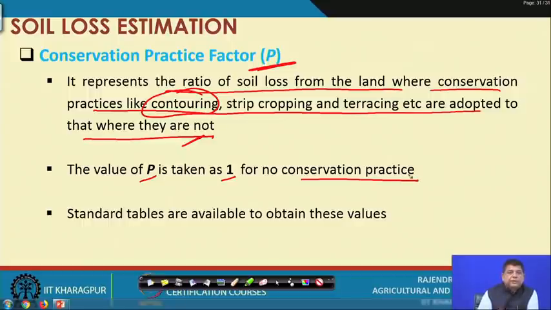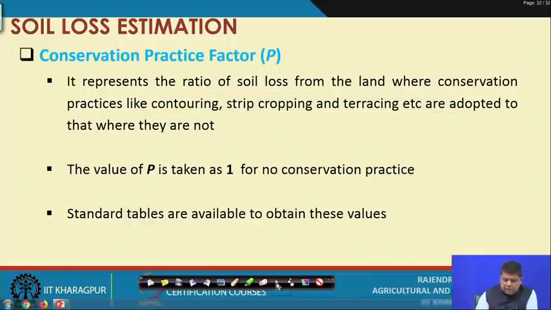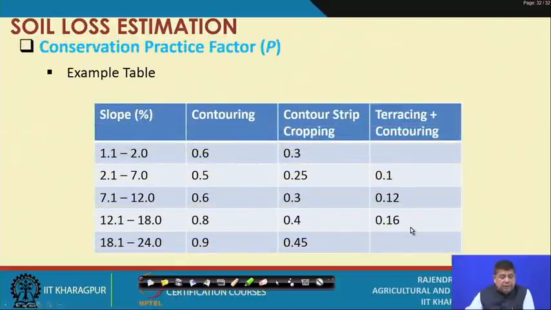Similarly, the value of C is taken as 1 if there is no crop, and the land is fallow and continuously being tilled. Like LS and C, for P also standard tables are available which can be referred. For example, this is an example table where, for different slopes and different kinds of conservation practices, that is contouring, contour strip cropping, and terracing and contouring together, the values are given.